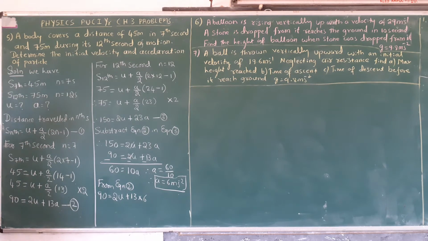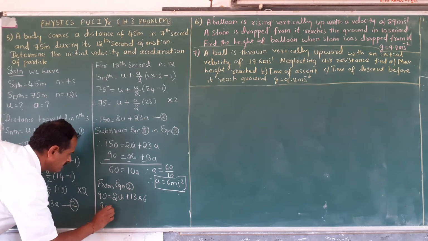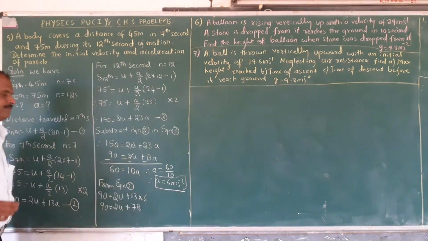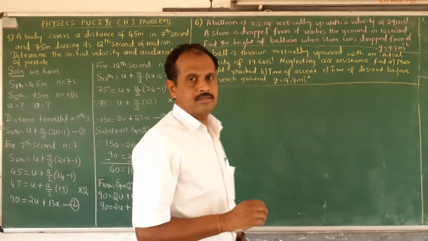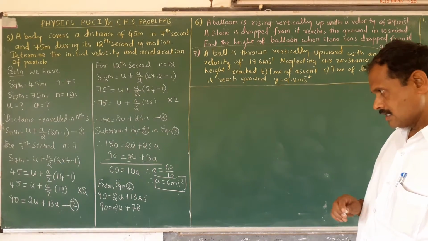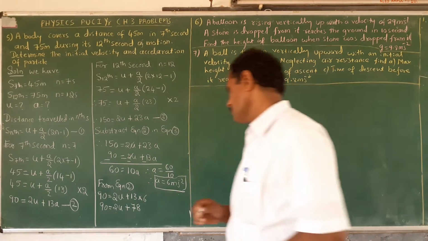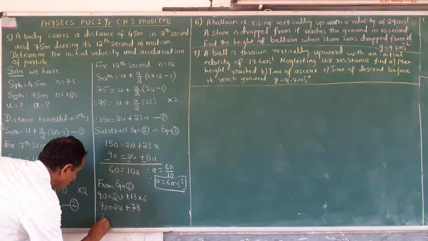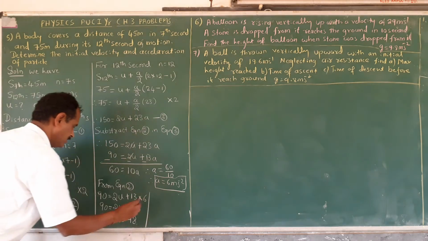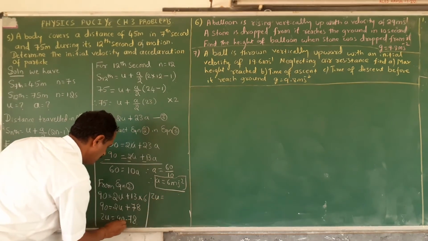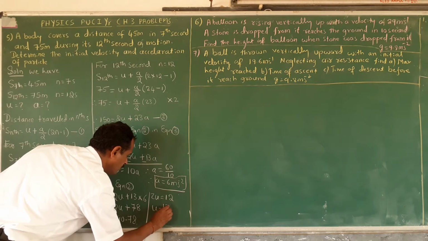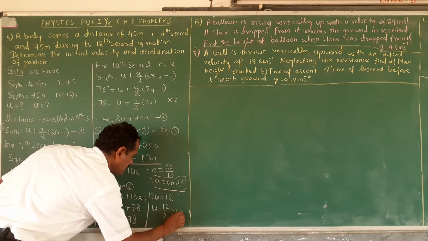Now 13 into 6, how much? 90 is equal to 2u plus 78. 6 3s are 18, 6 1s are 6, so 78. Now 2u is equal to 90 minus 78, which is 12. 12 divided by 2, the answer is 6 meter per second.